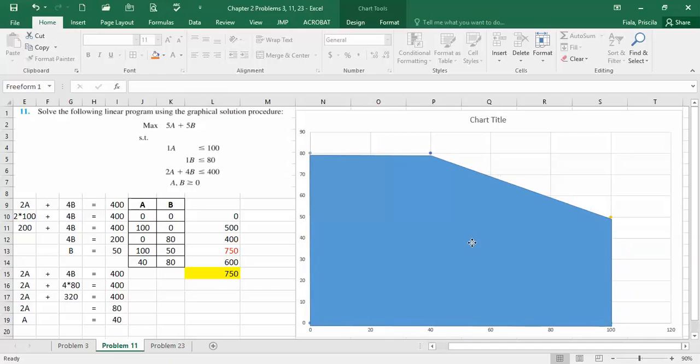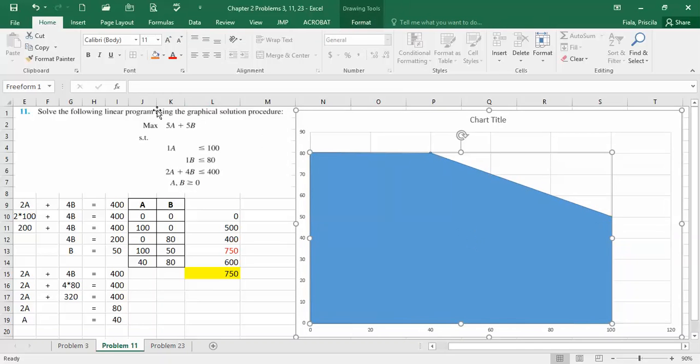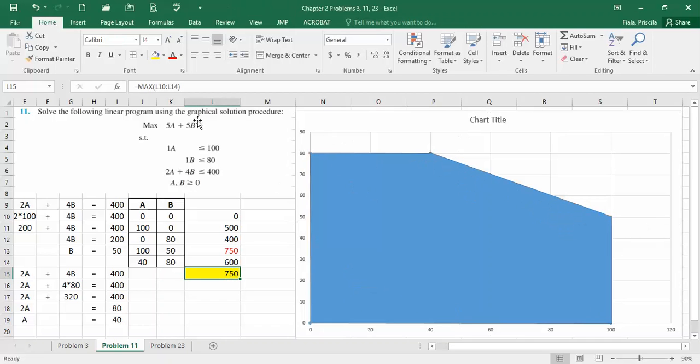You have calculated all the values, all the possible points. You have graphed them, you have shaded and located your feasible region, and you have also found your optimal solution.